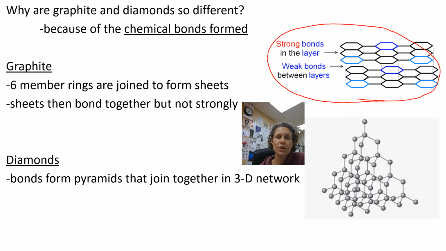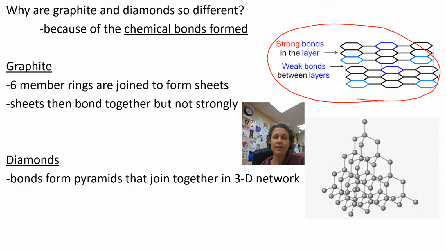These hexagons bond together to form sheets, and the sheets are weakly bonded together. Basically, when you are writing with your pencil, you are laying down a sheet of carbon as it wears down your pencil lead.